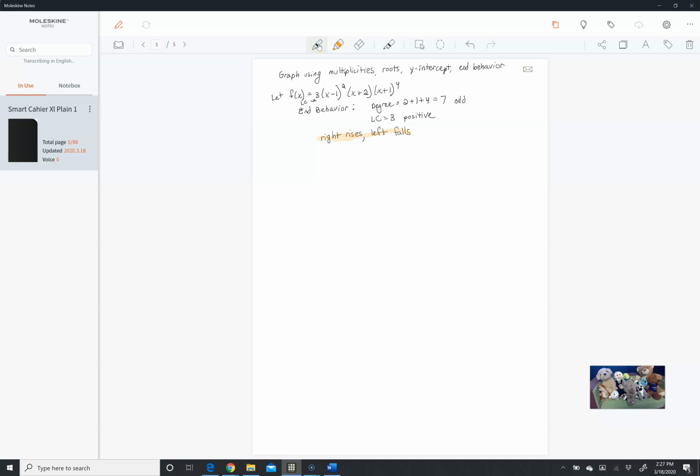The next thing that we're going to look at is the roots and multiplicities. So let's just write the roots. We'll do it in a table, just like we did before.